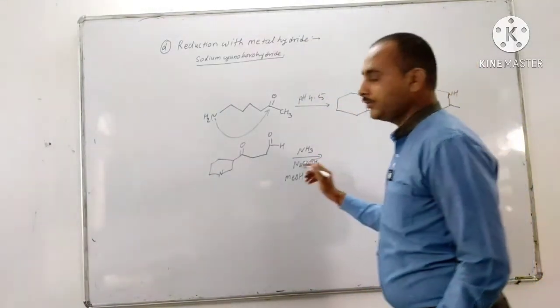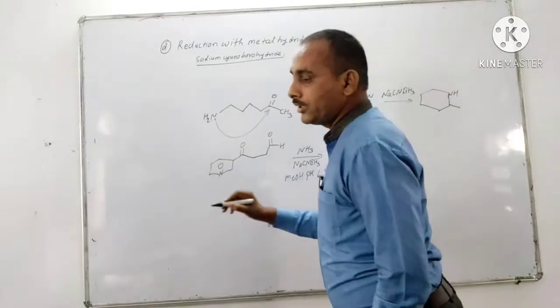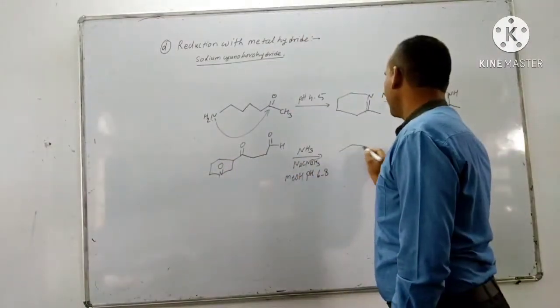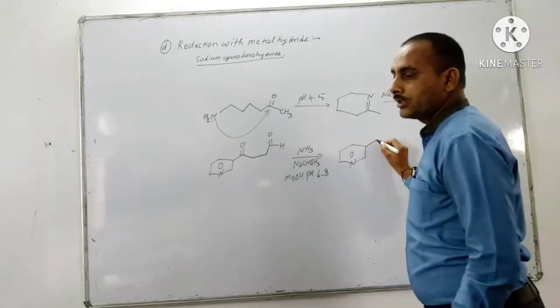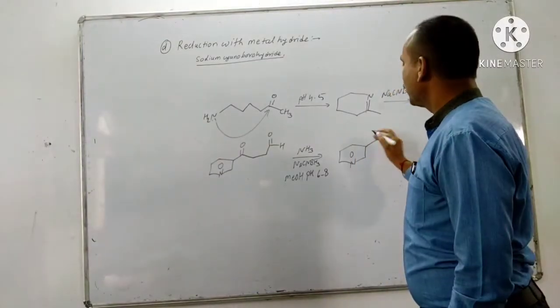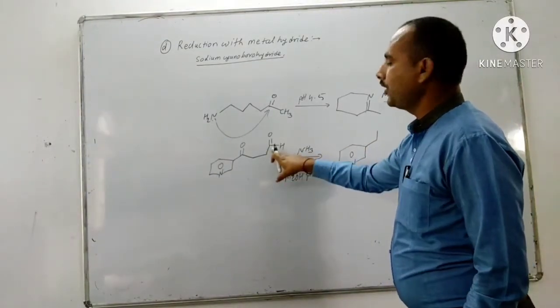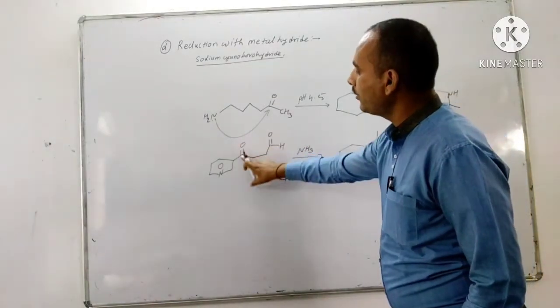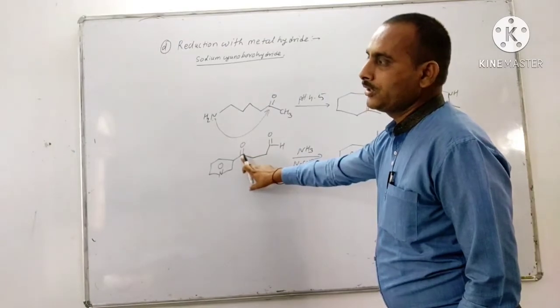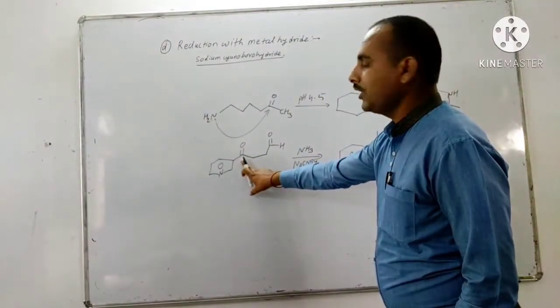Then this is the aromatic ring. Then there is formation of imine, the imine gets reduced to amine, which attacks on this carbonyl group. Again there is formation of imine.